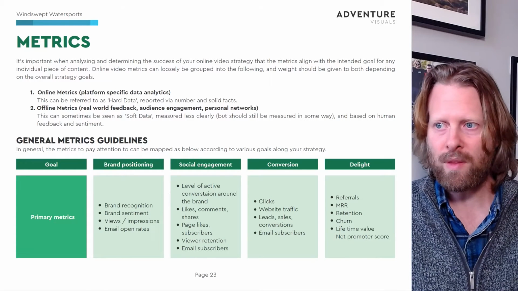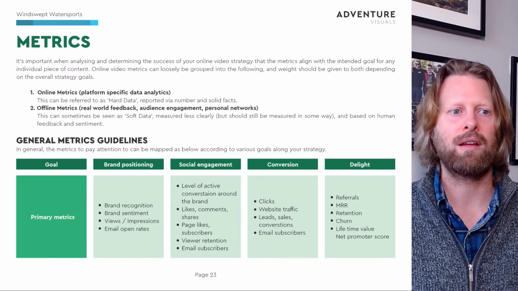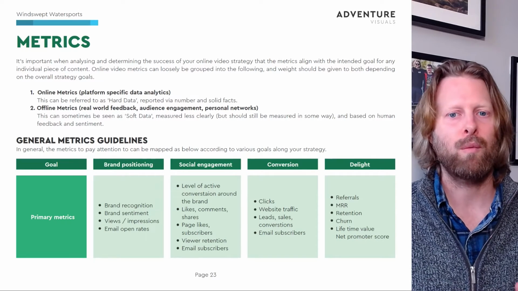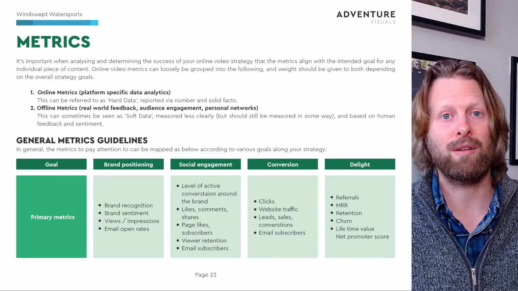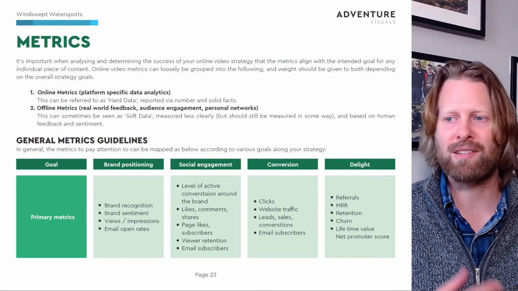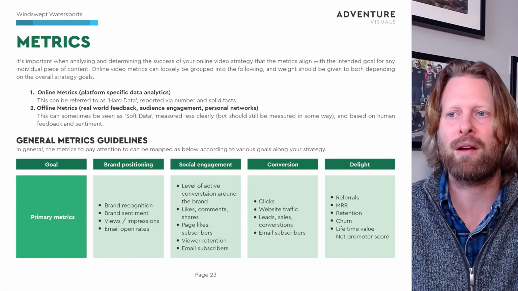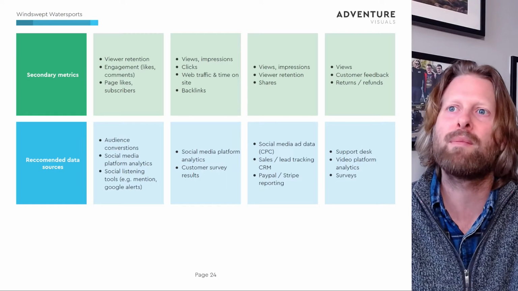Then, if it's a conversion video, we look at where this video sits. What are the conversions like at the moment? What's the percentage of conversions versus landing page visitors? And see if we can increase that, for example. So there's some information there about guidelines. And then you've got some other metrics here as well.